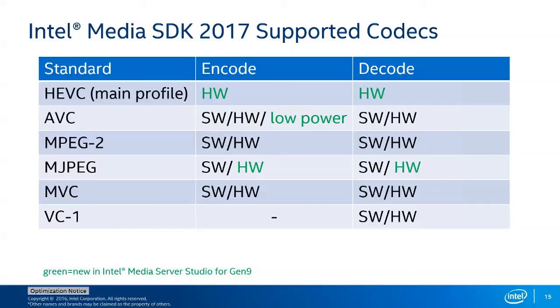Some limitations to be aware of, though, are that the primary focus of Skylake and Media SDK 2017 is main profile. So 10-bit support is coming, but it's not fully enabled yet. Also, the motion search doesn't have the full range that is part of that HEVC spec.